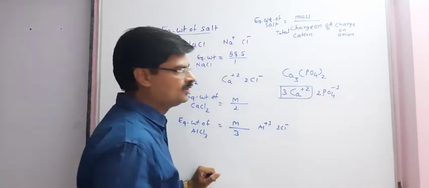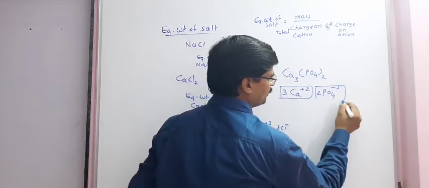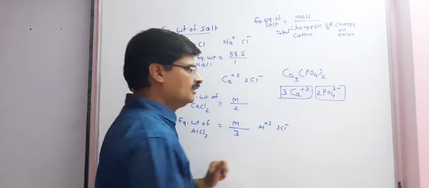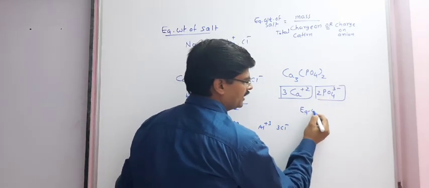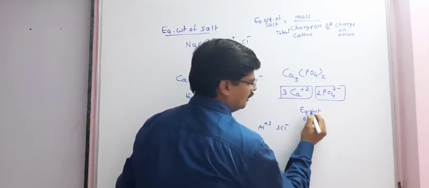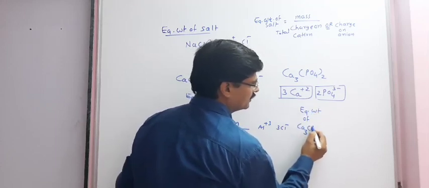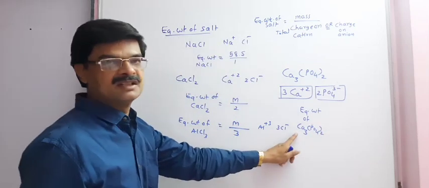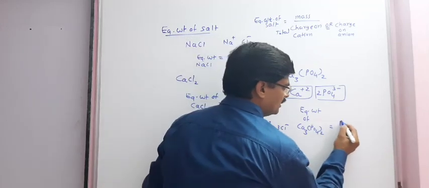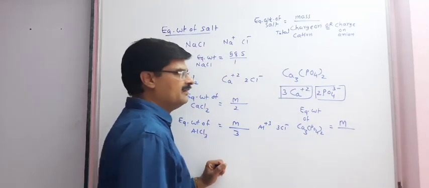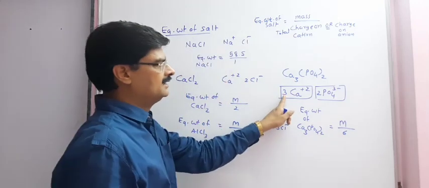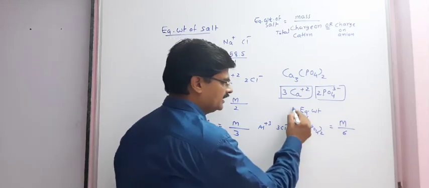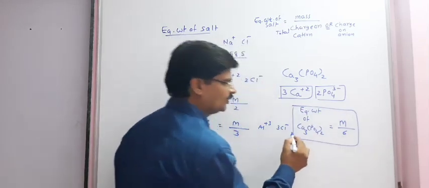Total charge will be 3 twos are 6, and for phosphate ion also it is 2 threes are 6. So the equivalent weight of calcium phosphate can be obtained when the formula mass is divided by 6. Either cation total charge or anion total charge is 6. So we can get the equivalent weight of calcium phosphate.